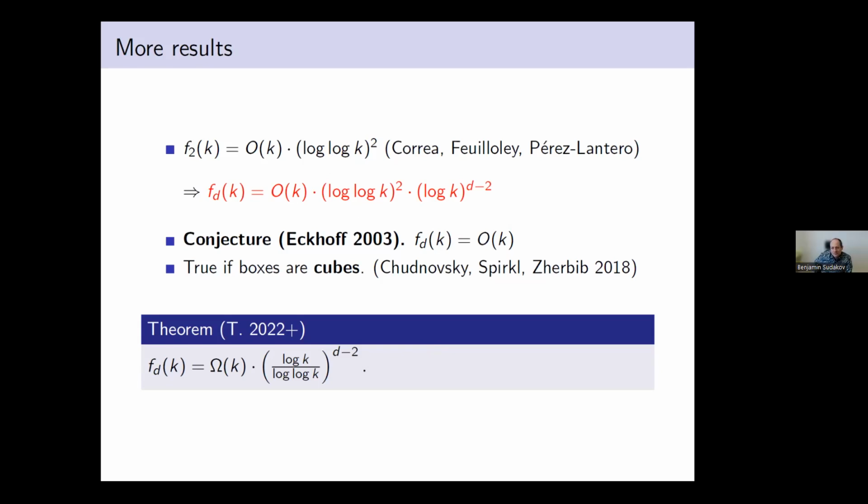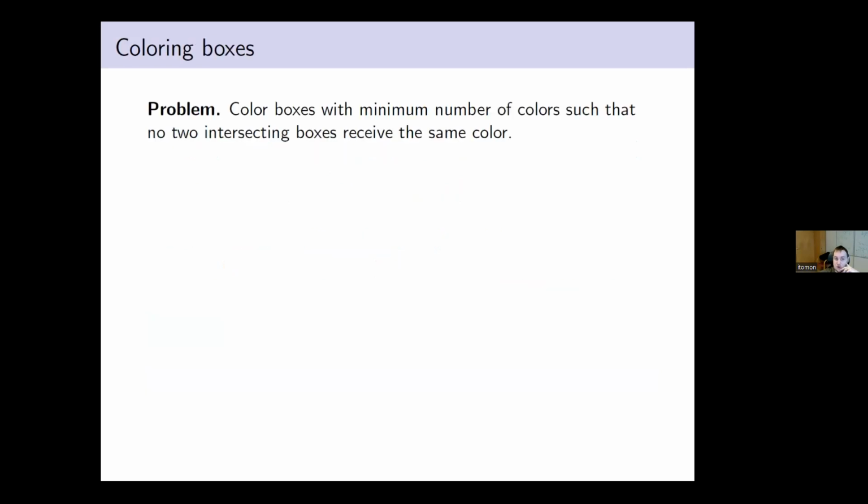Okay, so this was the first problem I wanted to talk about. Now let me move to another problem, which is about a coloring problem for boxes. So now the setup is the following. We are given a family of boxes, and we want to color them with as few colors as possible, so that if we have 2 boxes that intersect, then they receive different colors.